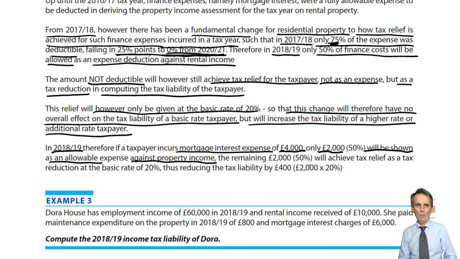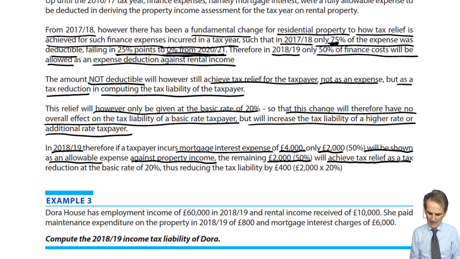That will reduce your property income by £2,000 rather than £4,000. The remaining 50% of that expense, £2,000, will then achieve tax relief as a tax reduction at the basic rate of 20%. So that will reduce the tax liability by, well, £2,000 at 20% is £400.